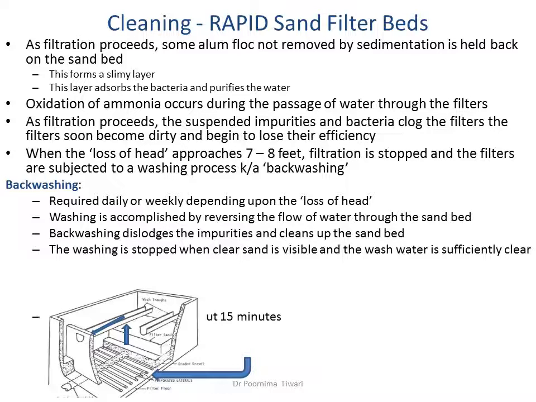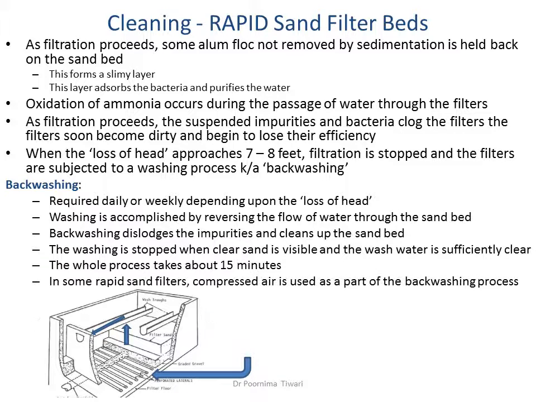The whole process takes around 15 minutes. In some rapid sand filters, compressed air is also used as a part of the backwashing process. So the components of slow sand filter and rapid sand filter are similar except for the trough on top of the filter which carries the backwash water.